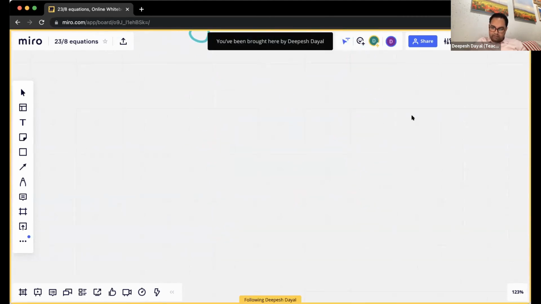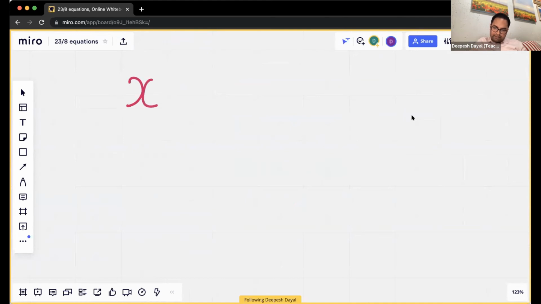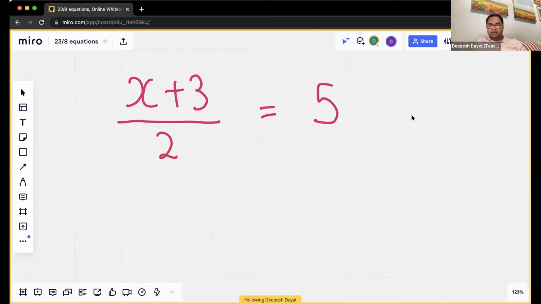Let's try this one. x plus 3 over 2 equals 5. Ooh, this one's different. What we need to do is take over the divide first, right? So this is divide. When we take it over, it's going to become times.